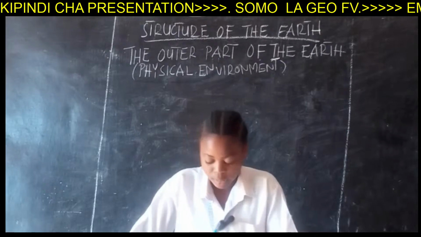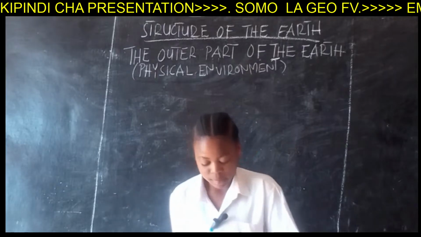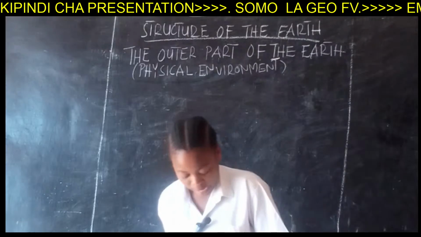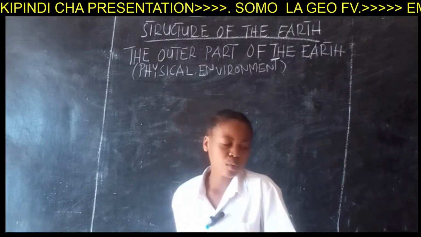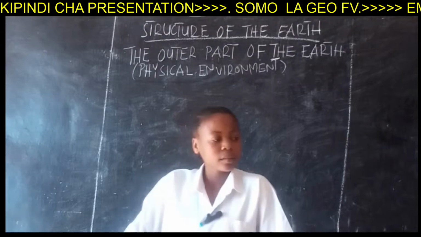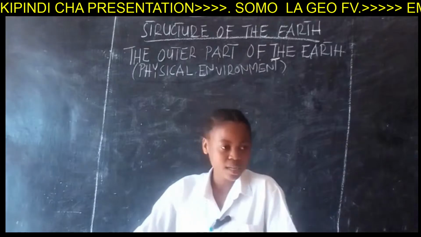To see the types of crust, sial is rich in rocks of silica and aluminium.